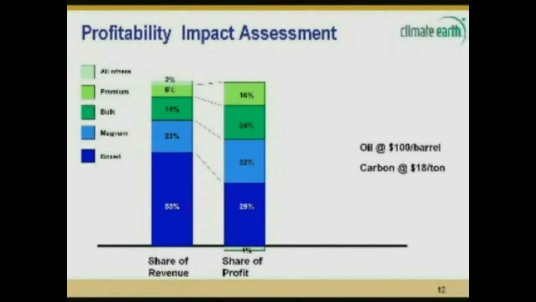So in this case, we're looking at wineries, and we're looking at share of profit and share of revenue across various product lines and identifying which products have the highest carbon intensity and therefore the highest leverage in reducing carbon and maintaining profitability.